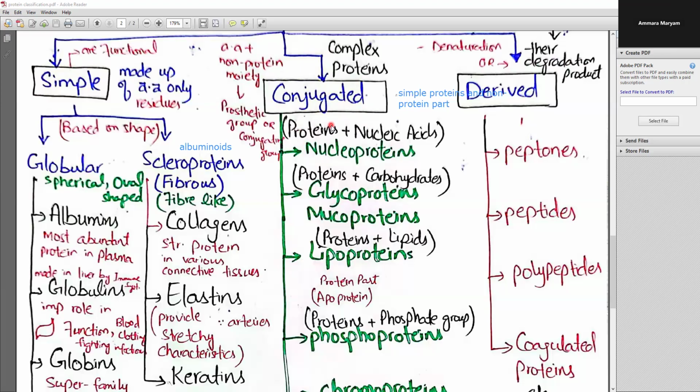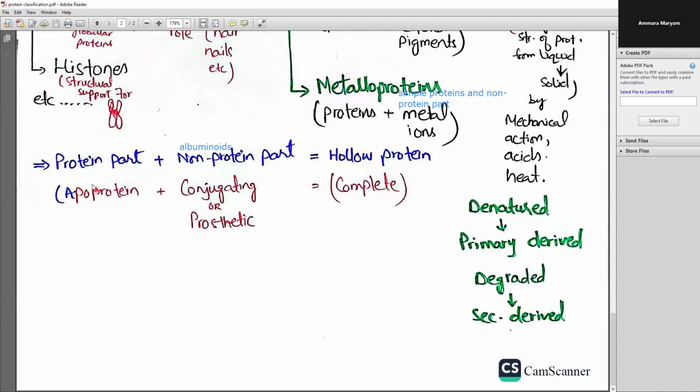So, what happens कि these simple proteins have also been given another name. इसमें जैसा कि मैंने आपको बताया कि conjugated proteins में basically we have simple proteins and we have non-protein part. So इसका जो protein part है, जो simple protein है, इसको हम कहते हैं this is the apoprotein. और इसका जो non-protein moiety है, non-protein part को हम कहते हैं this is the conjugating group or the prosthetic group.